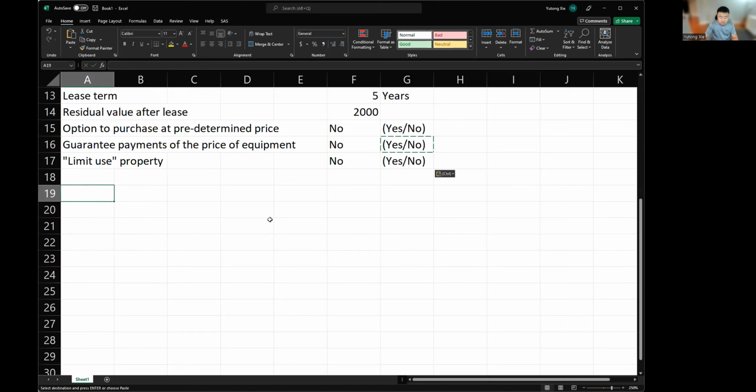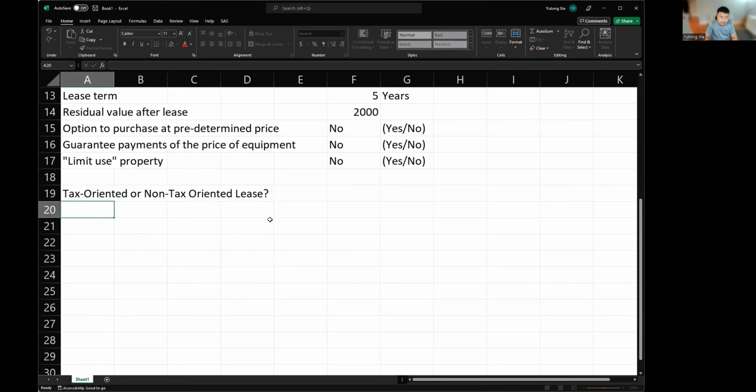And then we're going to do whether it's a tax-oriented or non-tax-oriented lease. So there are 5 rules. The first one is the lease term must be less than 80% of the estimated useful life of the equipment.